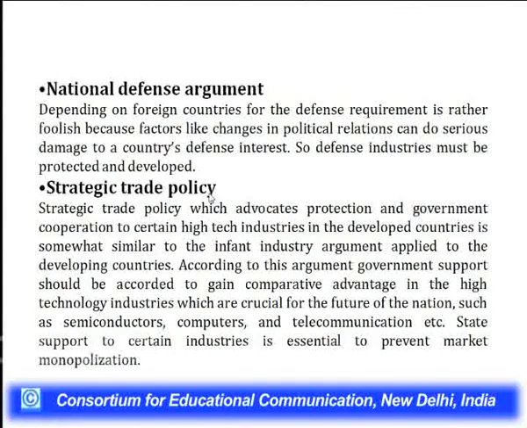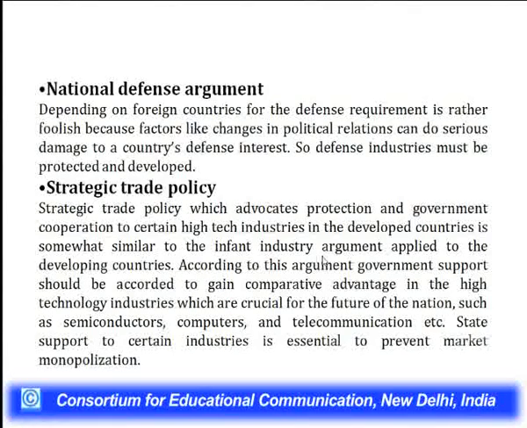Strategic trade policy. Strategic trade policy, which advocates protection and government cooperation to certain high-tech industries in the developed countries, is somewhat similar to the infant industry argument applied to the developing countries.